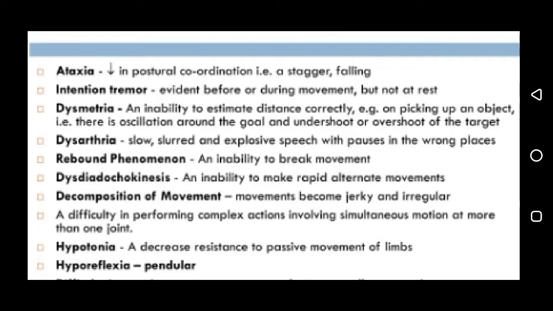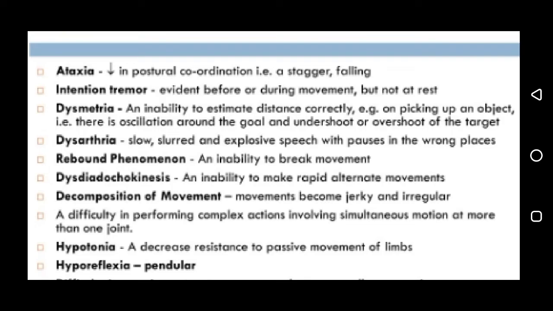Decomposition of movements, movements become jerky and irregular. What happens in decomposition of the movement? In the cerebellar region, when a movement involves more than one joint, the patient performs the movement at one joint at a time. That is, he will do one movement at one joint at a time.